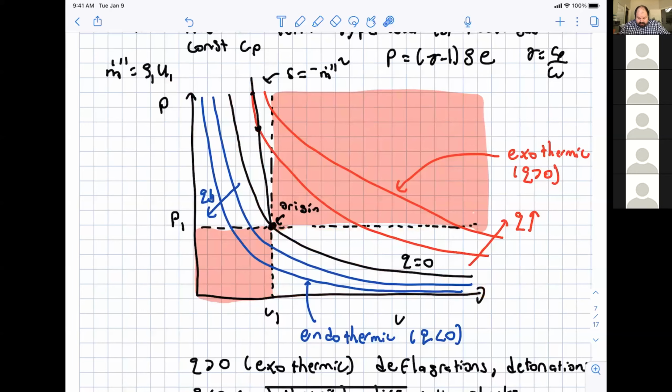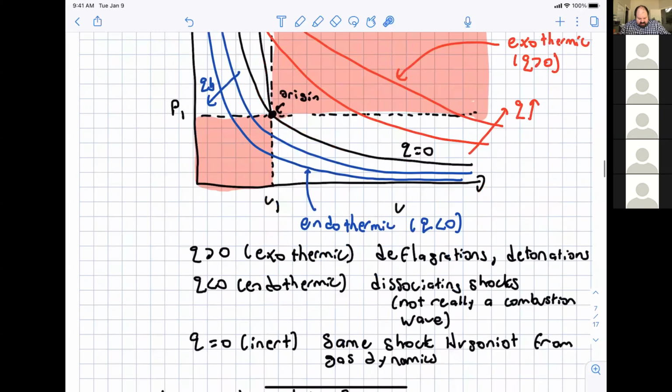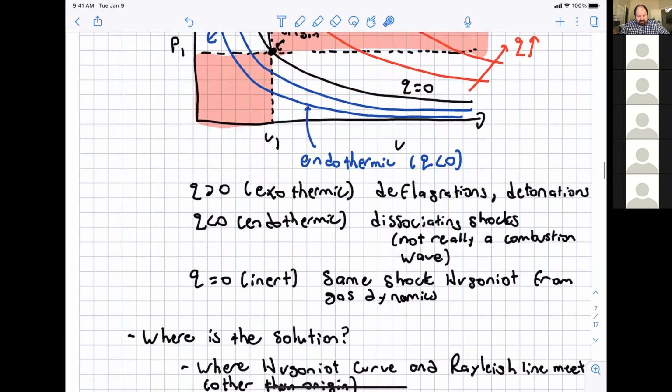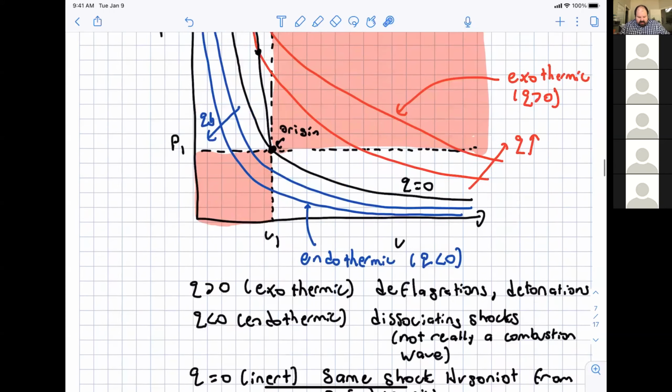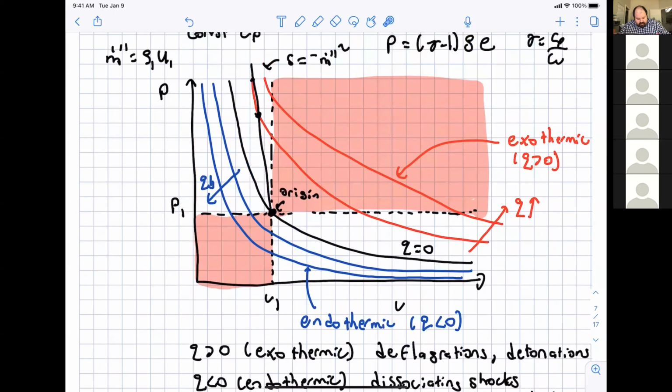We characterized the effect of exothermic, endothermic, and inert processes, and came up with this plot where we drew all these lines. So where is the solution?